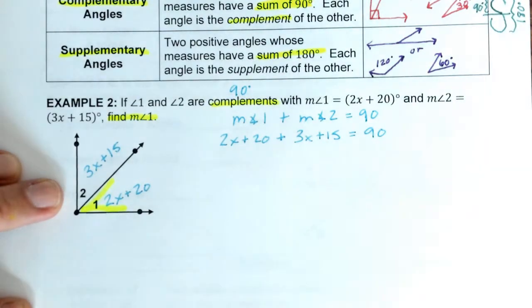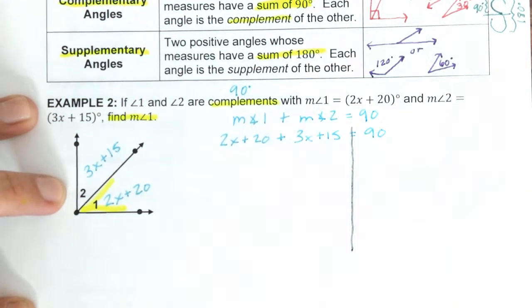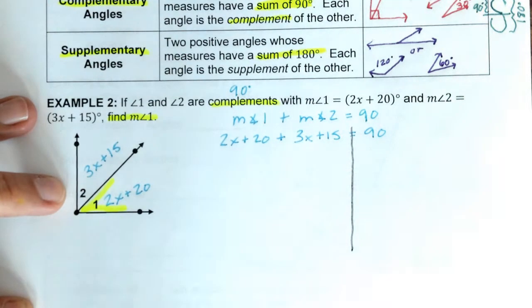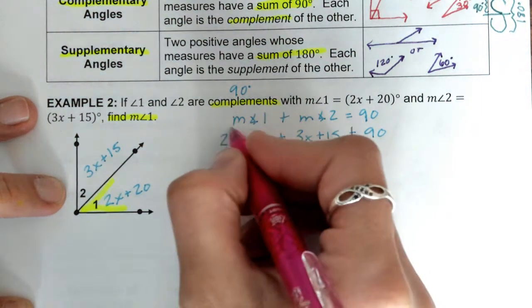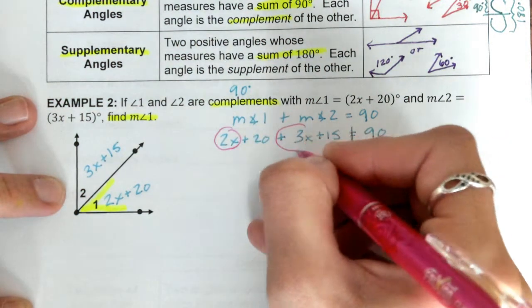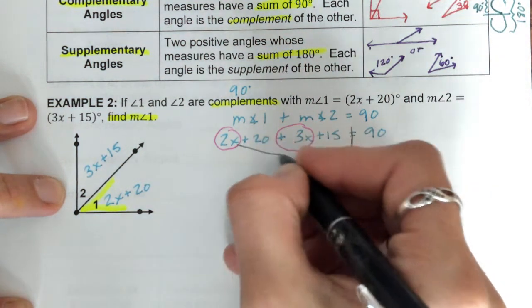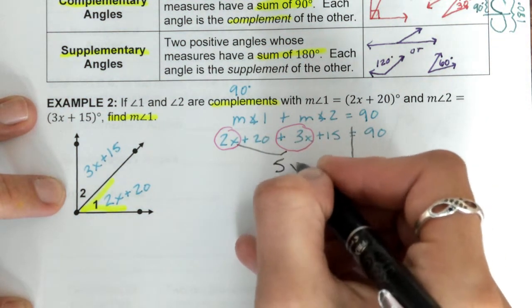This is where a lot of students struggle. We have to remember to combine our like terms. I see a lot going on on the left-hand side, more than two terms, so I've got to combine some stuff. Here I have my 2x, over here a positive 3x. When I combine these together, I wind up with a total of 5x.